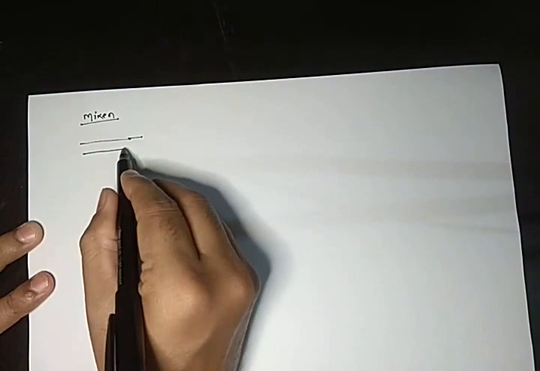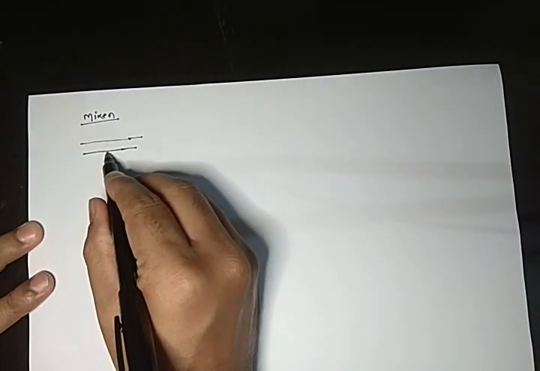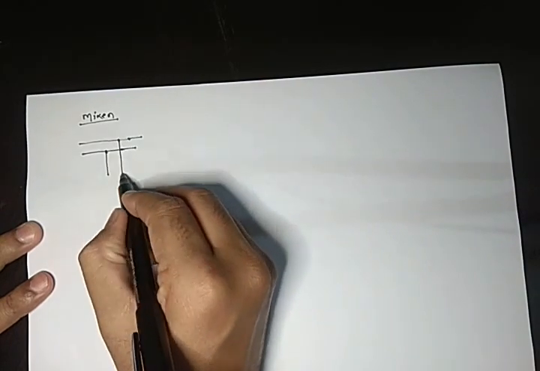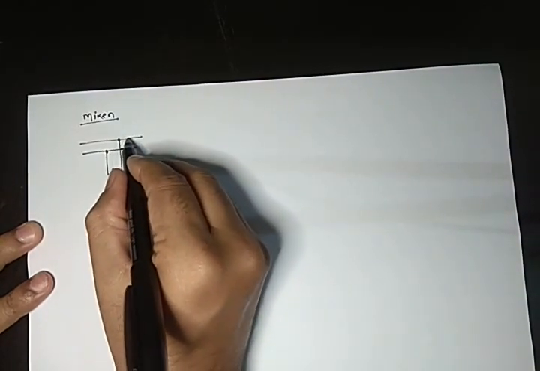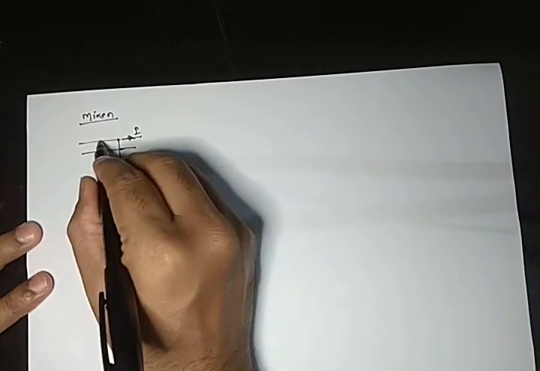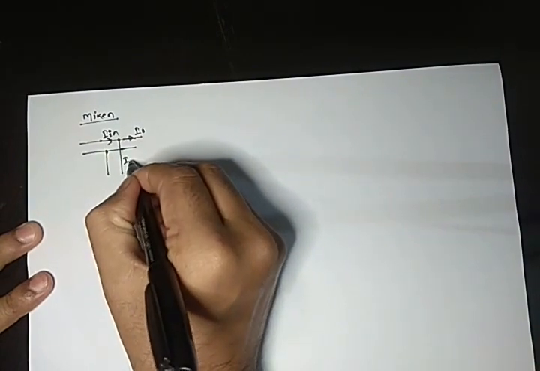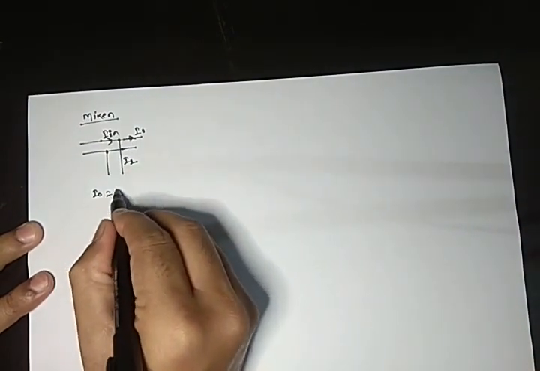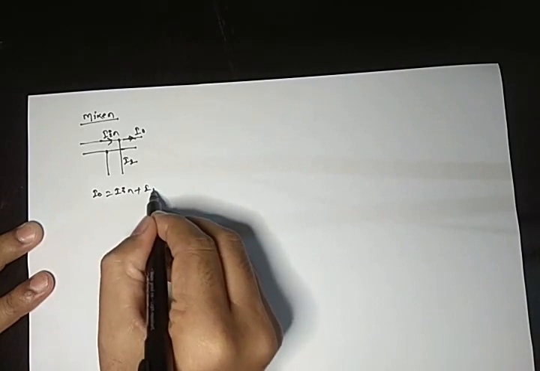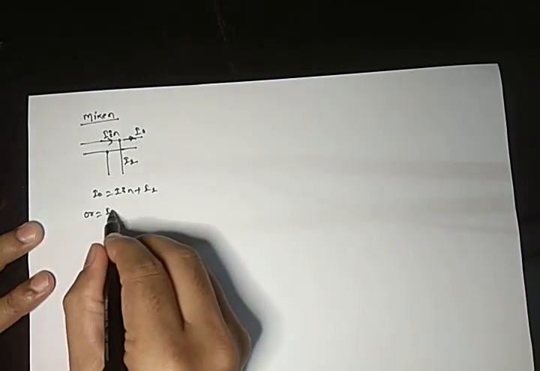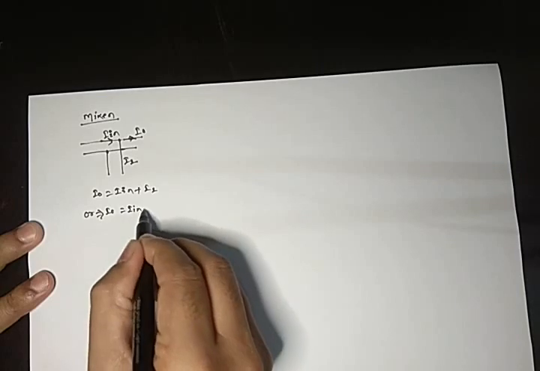Now the mixer circuit. Suppose this is the input side, and we want to feed the current, so it will be fed parallelly, then the current over here will be I in plus I1, or I0 will be I in minus I0.